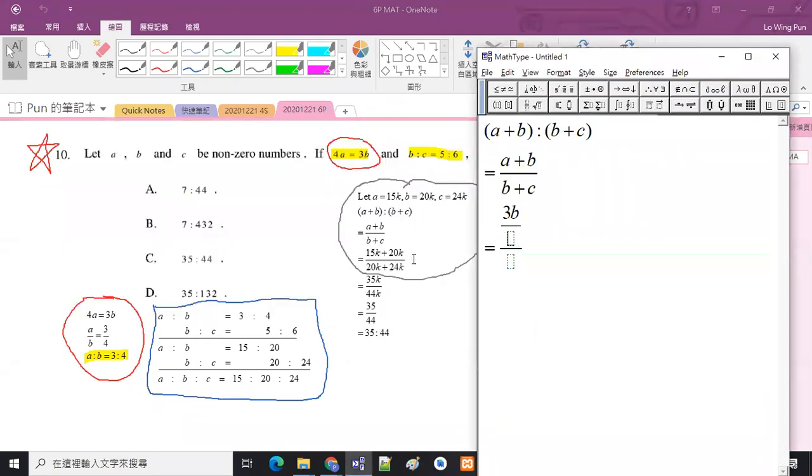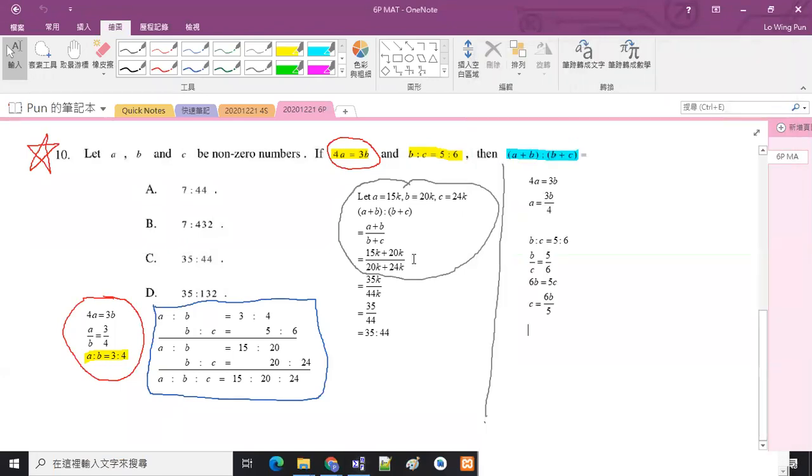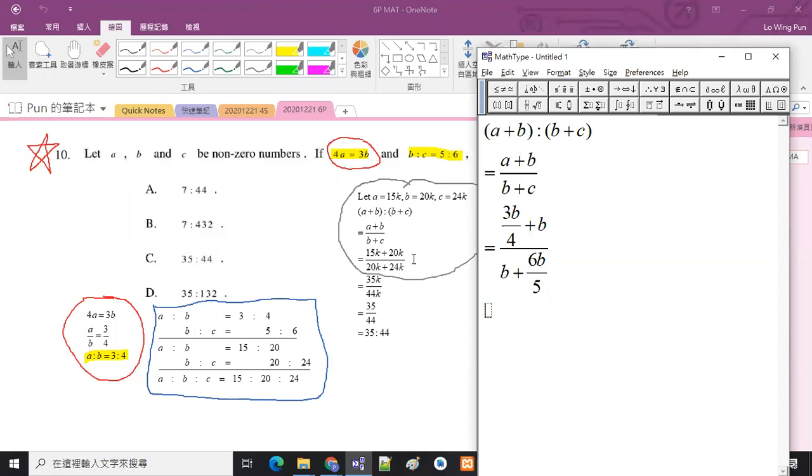So it's 3B over 4 plus B. And then B plus C. And C will be changed to 6B over 5. Okay? So now the upper part is actually a like term, a pair of like terms.